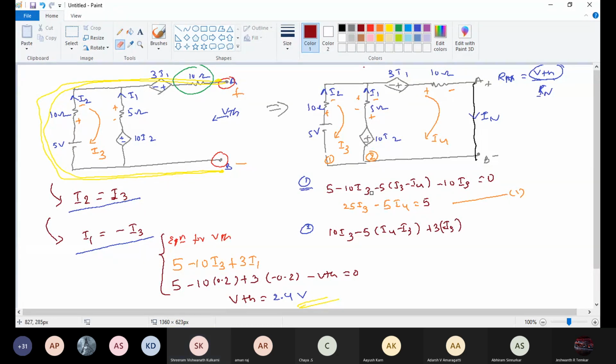Then minus 10 I4 equals 0. Now simplify: 10 I3 minus 5 (I4 minus I3) plus 3 into minus I3, then minus 10 I4 equals 0.